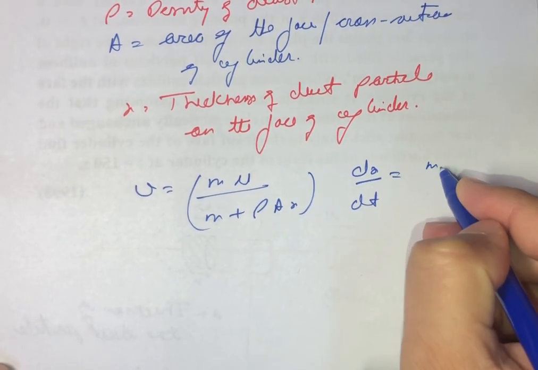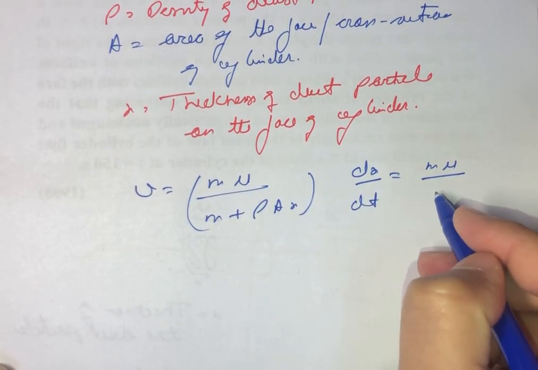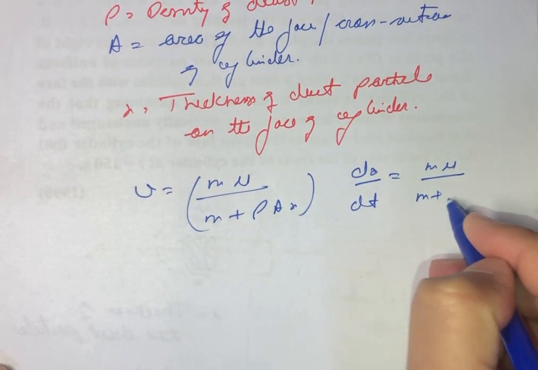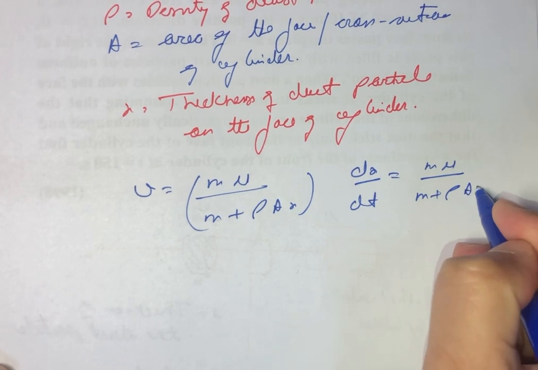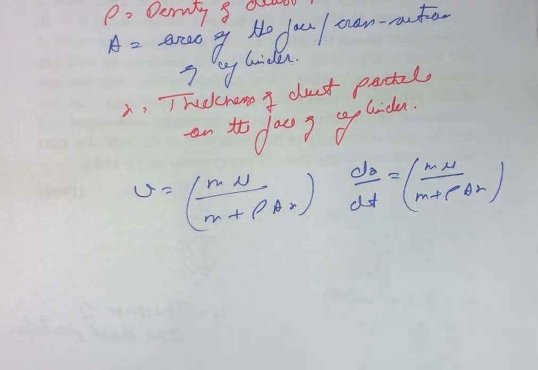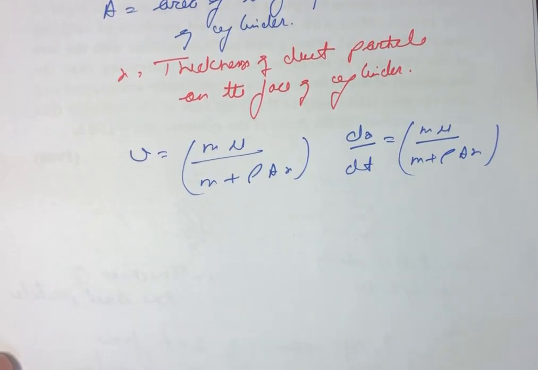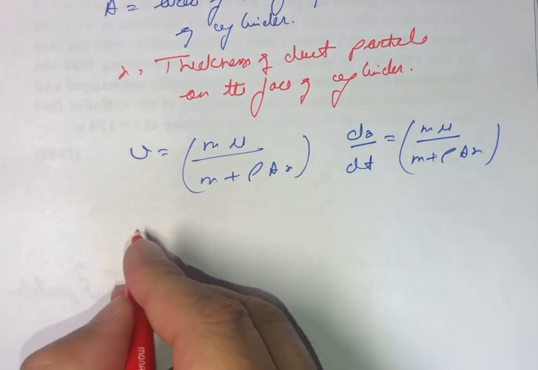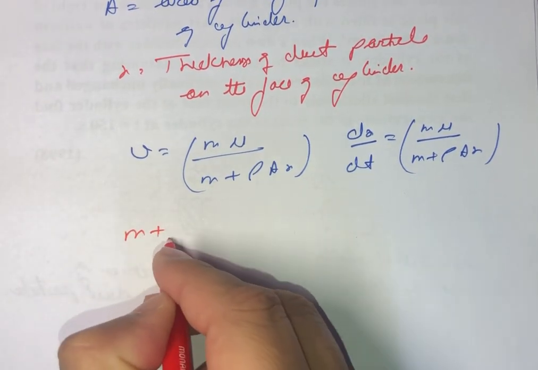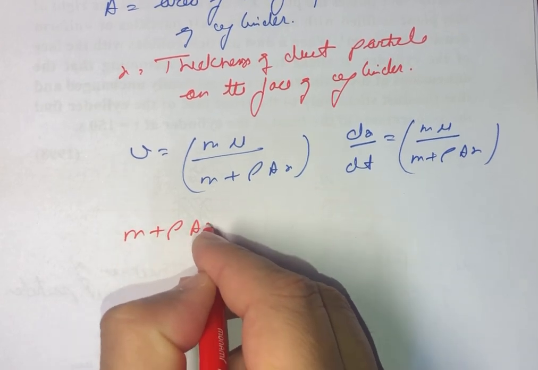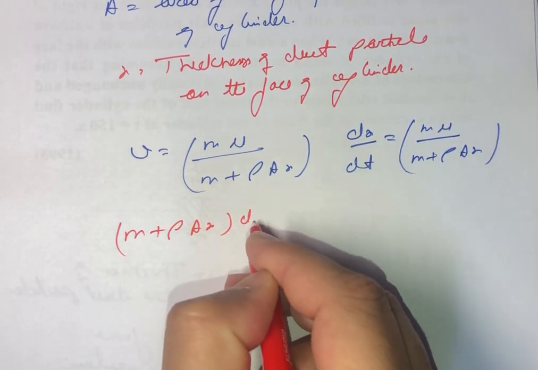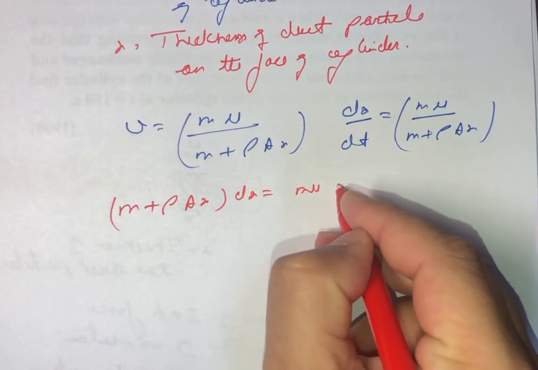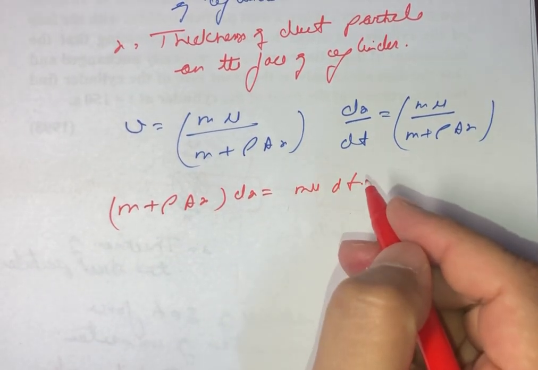So we get mu divided by m plus rho a x. We cross multiply it. We get m plus rho a x multiplied by dx is equal to mu multiplied by dt.